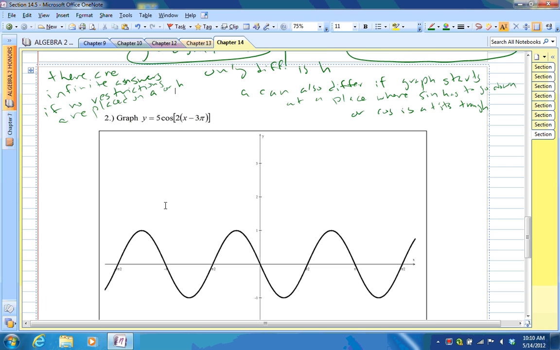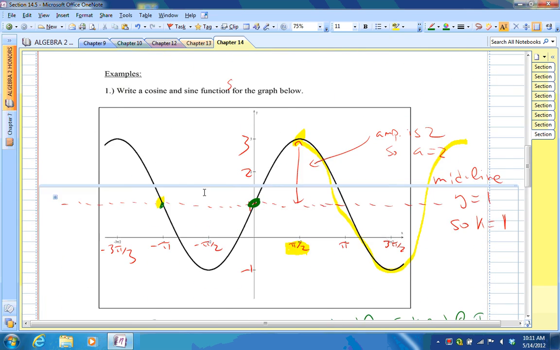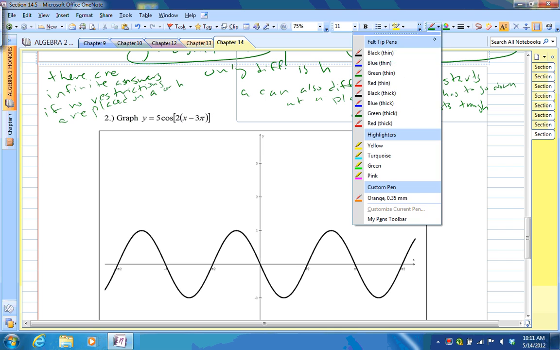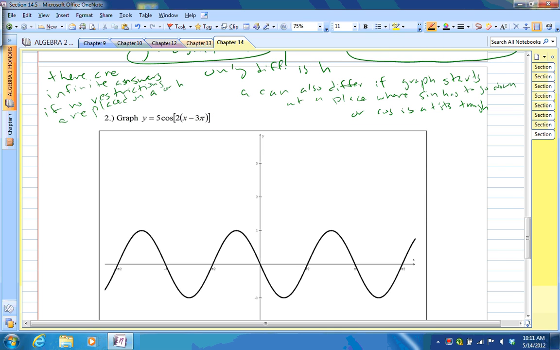Okay, that was not supposed to be there. I don't know why it says graph y equals. I think I copy and pasted from an old file. Let me cross that off. That's not supposed to be there. Okay.